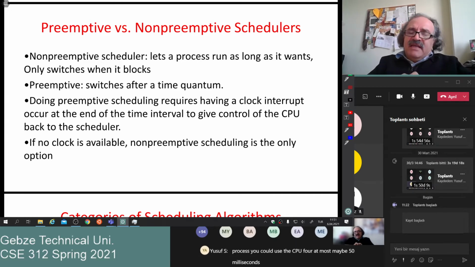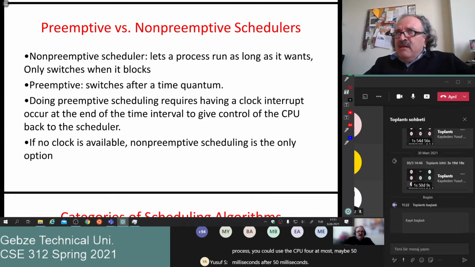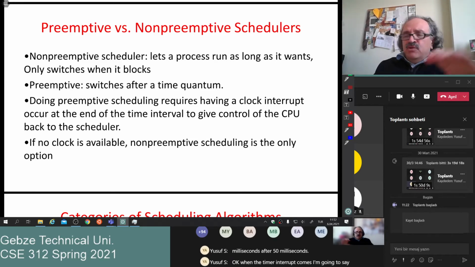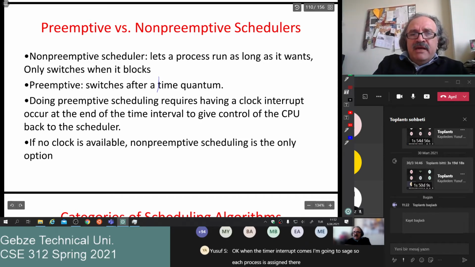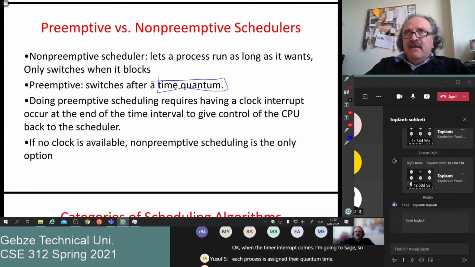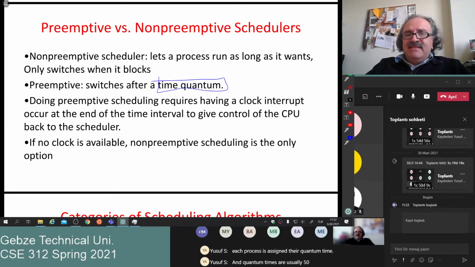After 50 milliseconds, when the timer interrupt comes, I'm going to switch. So each process is assigned a quantum time, and quantum times are usually 50 milliseconds, 20 milliseconds, and so on.